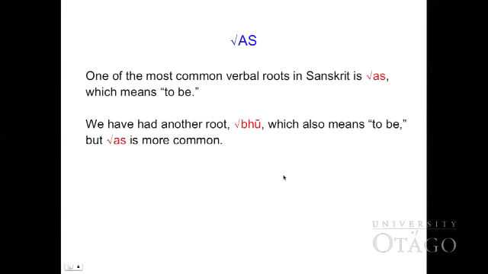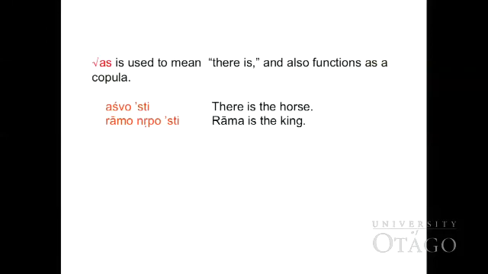Another word, as. The verb as means verb to be. We have had another root that we have learned from our last classes, bhu or bhavati, which means verb to be too. The verb as is used to mean there is, and also functions as a copula, such as asvo asti or asvah asti, meaning there is a horse.